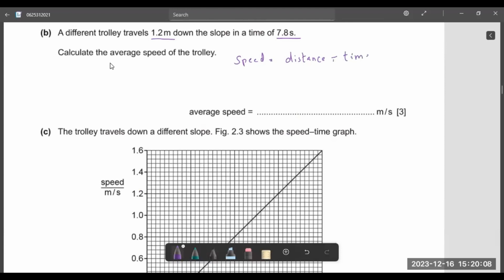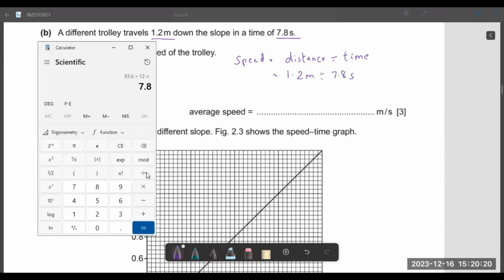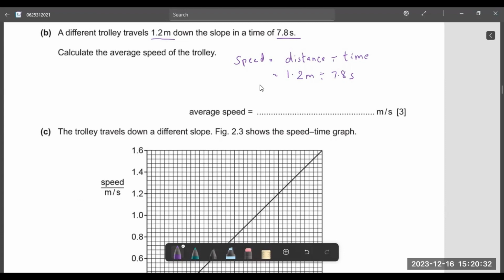Here the distance is given as 1.2 meter and the time is 7.8 seconds. So we will do the calculation. 1.2 by 7.8. So it is 0.15. So the answer is 0.15 meter per second.